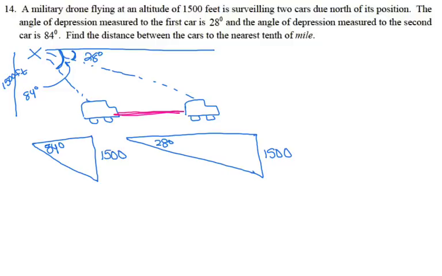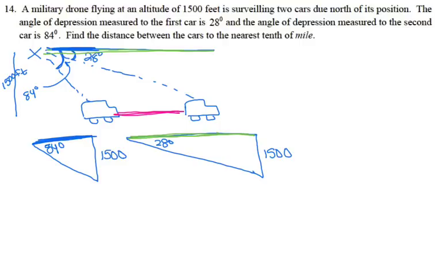In order to do that, I can find this entire distance, which is this side of the triangle, and I can take away this distance, which is this side of the smaller triangle. So I can find those two distances and then just subtract them.